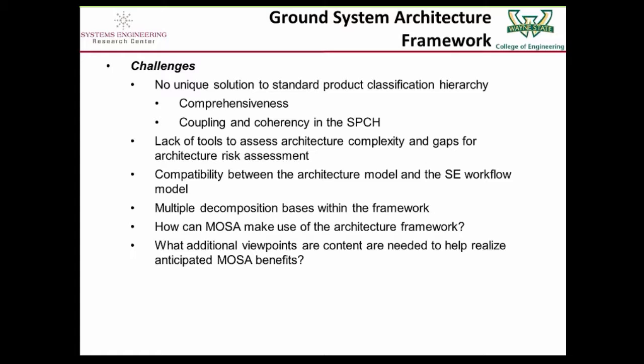And so however it's decomposed, we're going to look at, is it a comprehensive hierarchy, and in what ways are the components coherent and loosely coupled? But we could also address the question of in what ways are they tightly coupled and incoherent? And all that's related to what we use as the basis for the hierarchy.